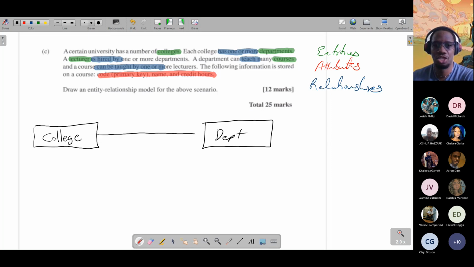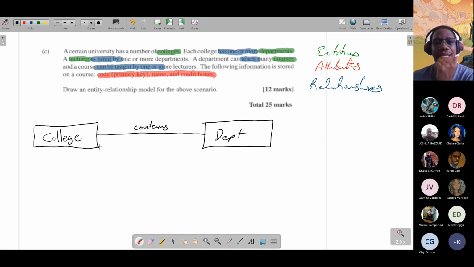So a college contains departments. How many? There are things you have to make assumptions about in this. Some things were told to us explicitly, and some things we have to make assumptions about.